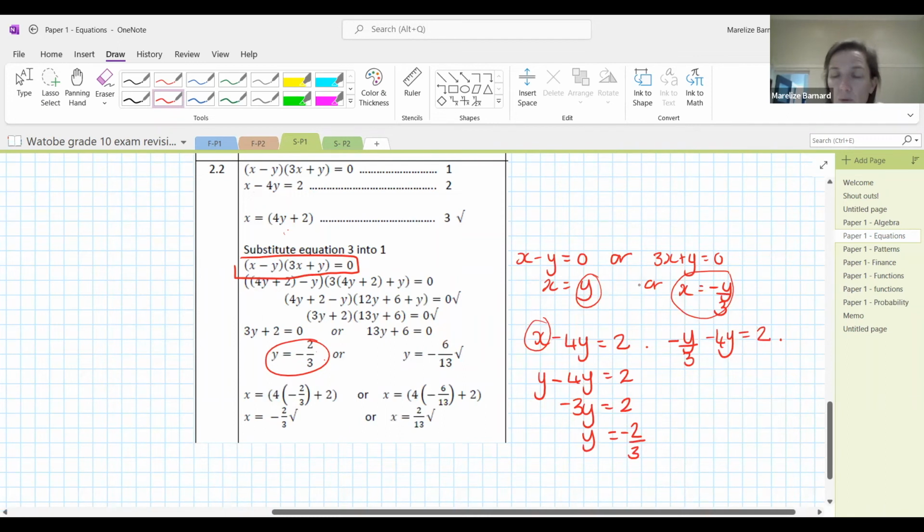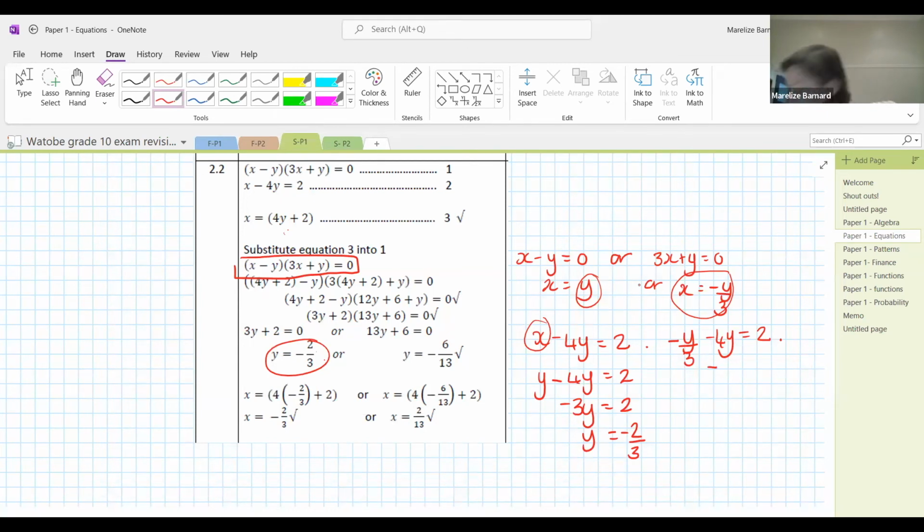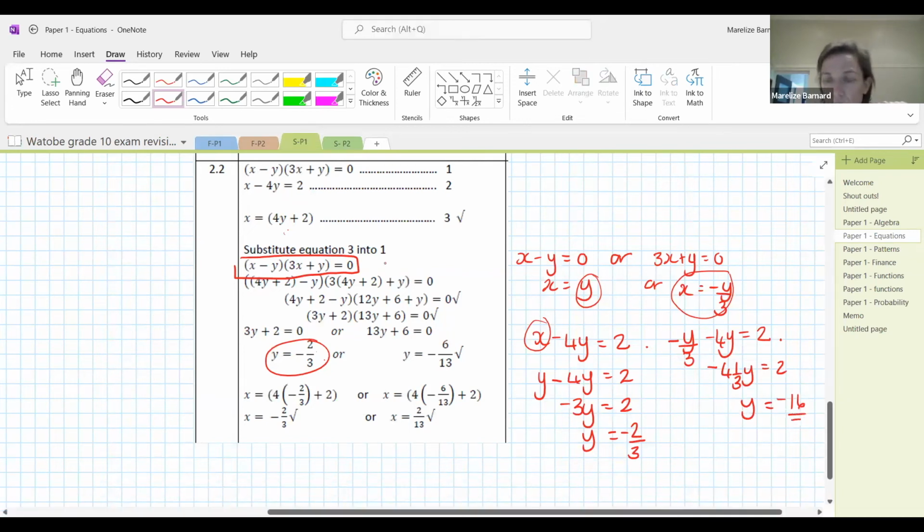We simplify that, and I think we get negative 4 1/3 y is equal to 2, and then y is going to be equal to negative 6 over 13. Then you sub back in so that you can get what x is equal to.